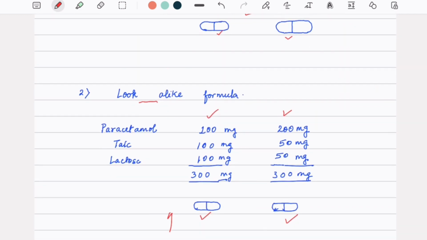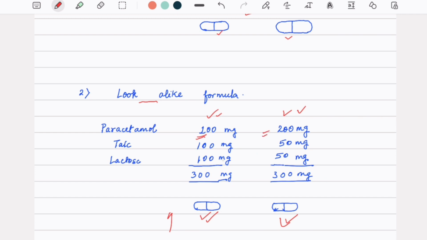But in the look-alike formula, as the word says, they both look alike, they look the same. So the lower strength and the higher strength look very similar. Now we will come to the composition of this formula, of the lower strength and of the higher strength. Here we can see the paracetamol or API content is 100 mg in the first one and 200 mg in the second one.